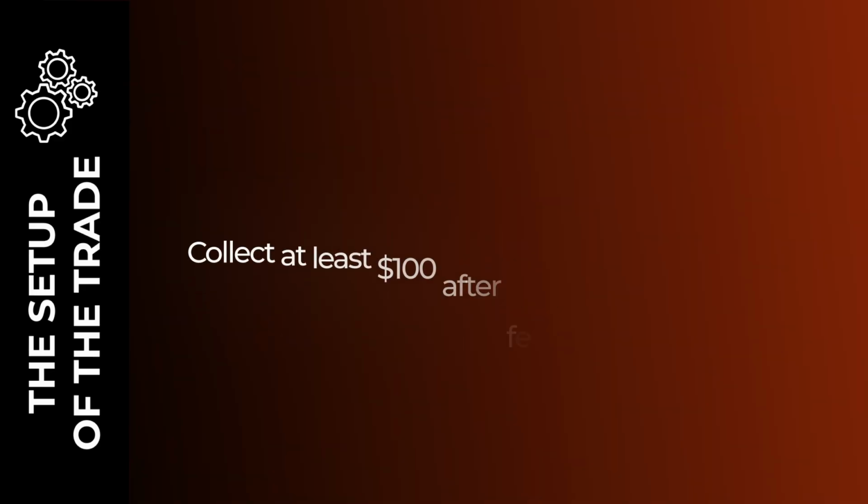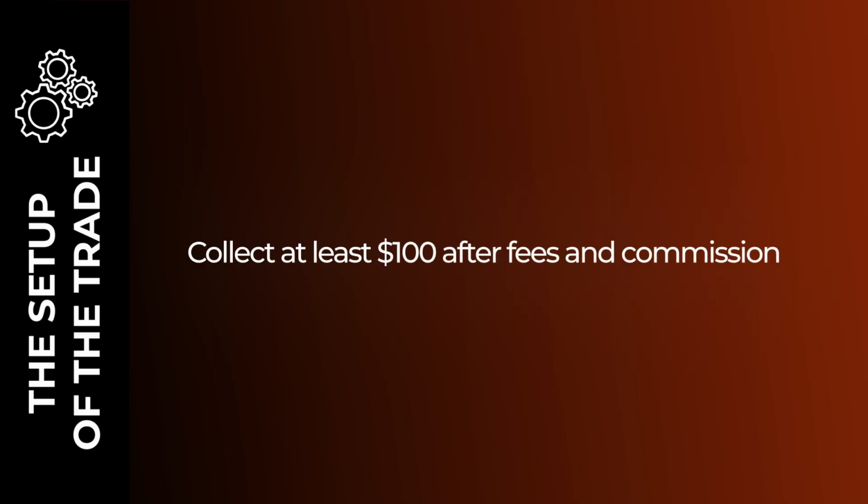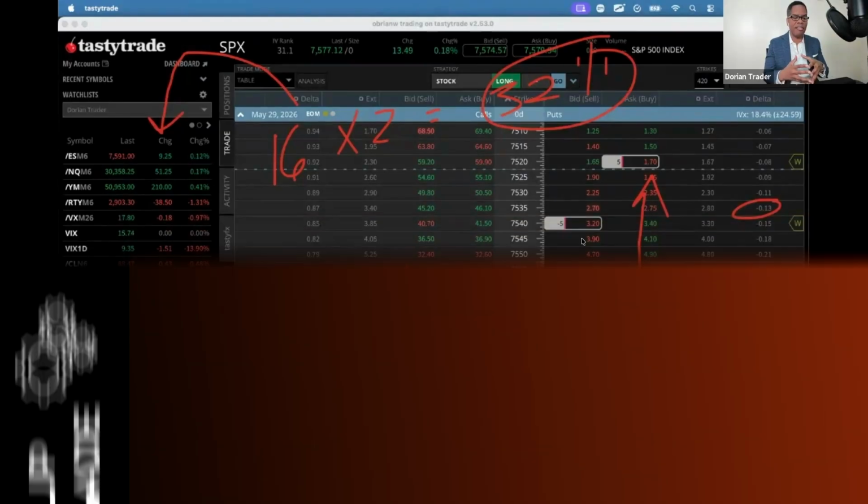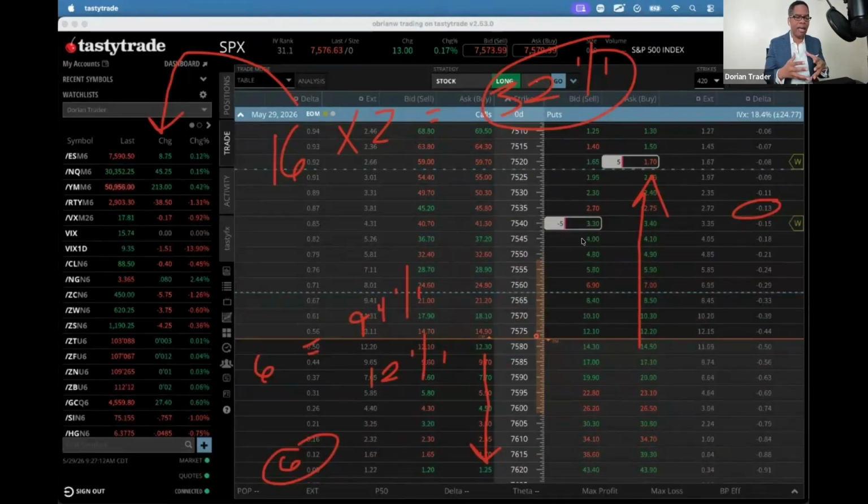Right? Here at Dorian Trader, we say collecting at least $100 on each contract you have allows you to get out of the trade faster. The more premium you have, and the further away from at the money, the faster you can be able to get out of the trade. If you have to adjust the trade, keeping a decent amount of premium still really helps with that trade.